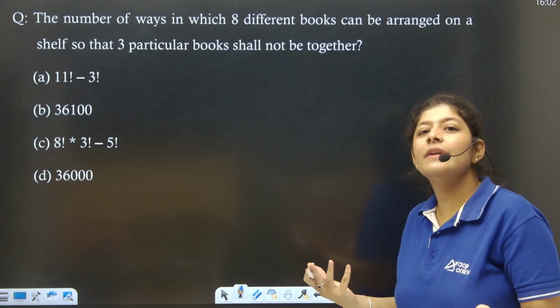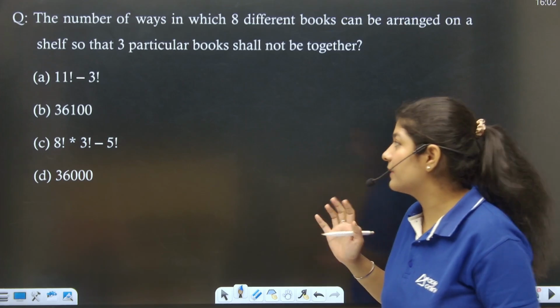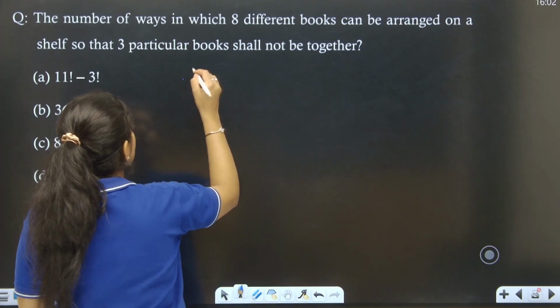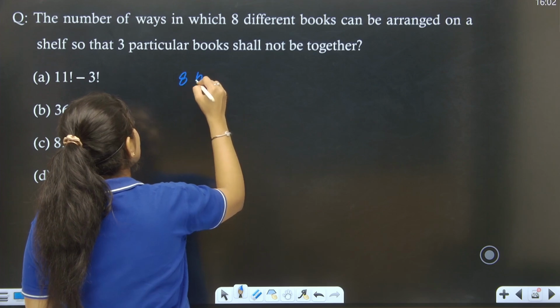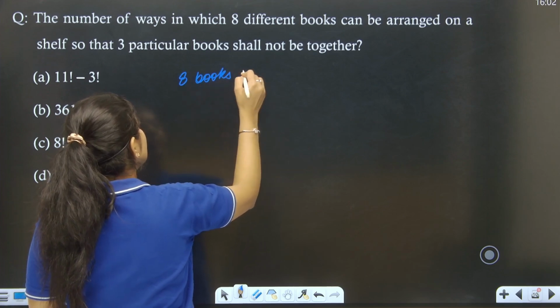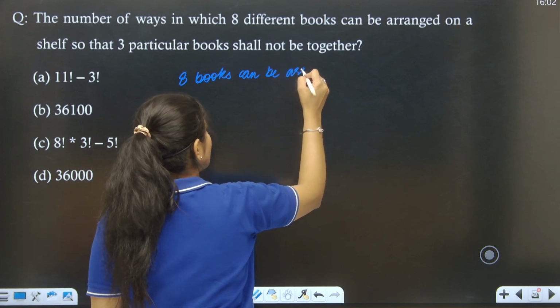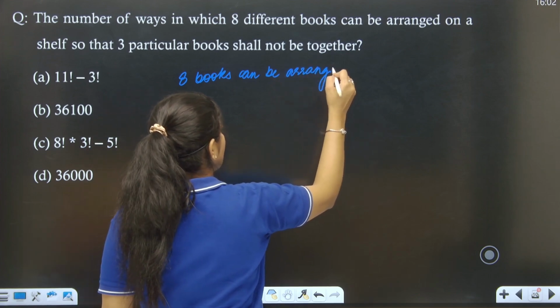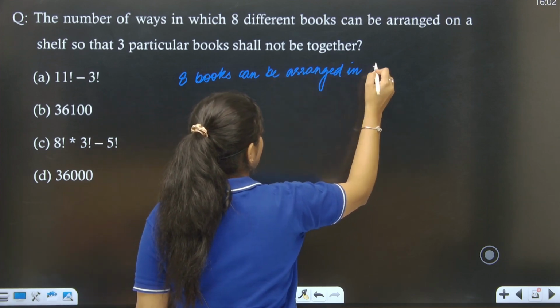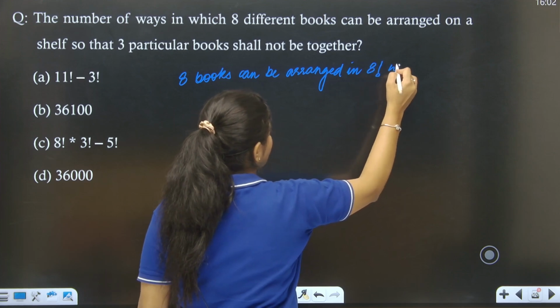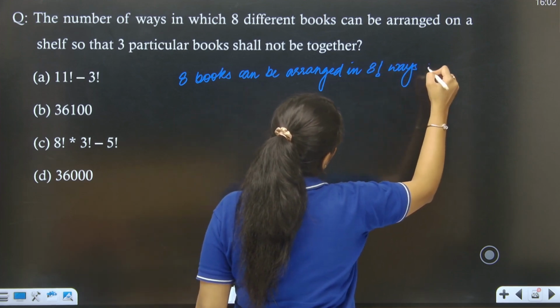In how many ways can we arrange them? In 8 factorial ways. So 8 books can be arranged in 8 factorial ways without any condition.